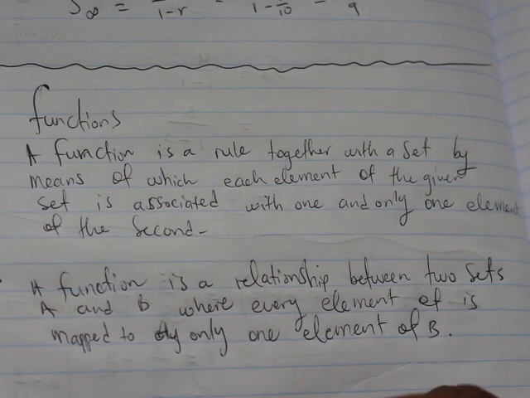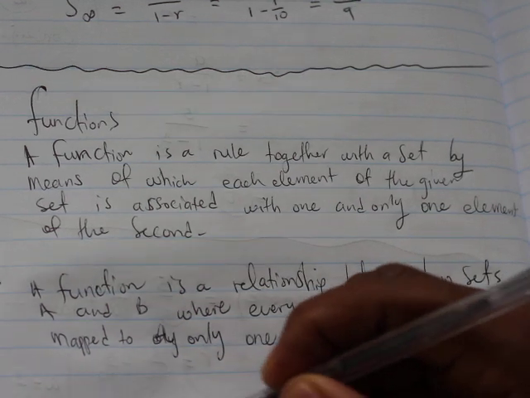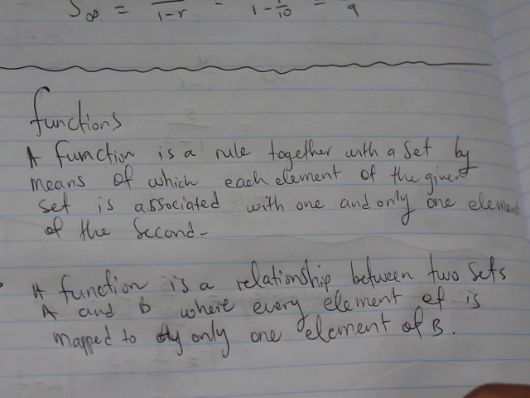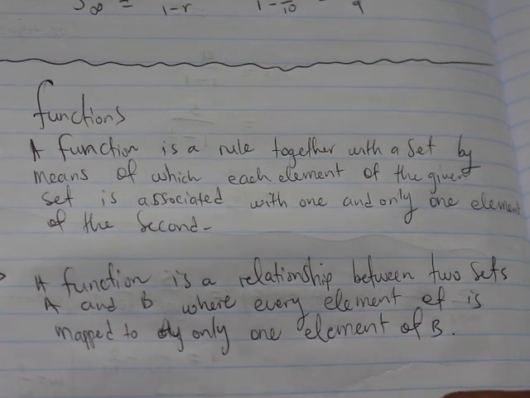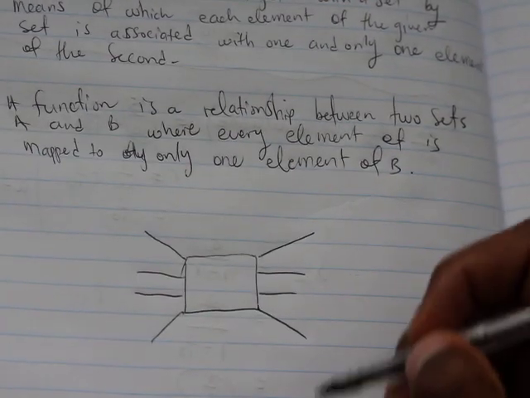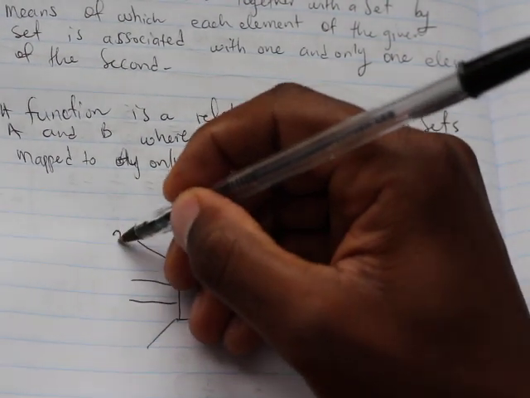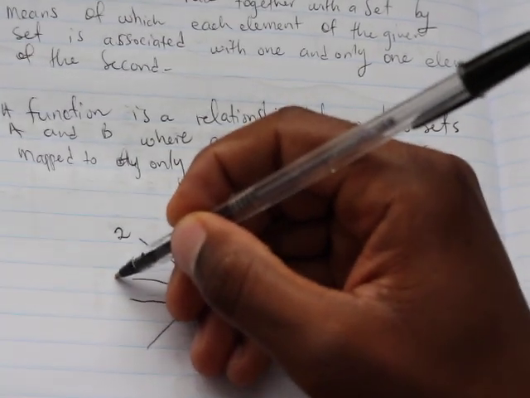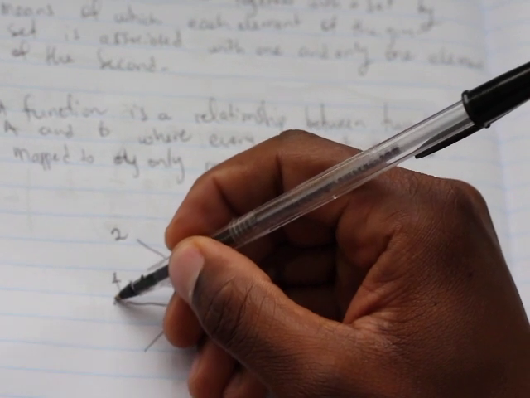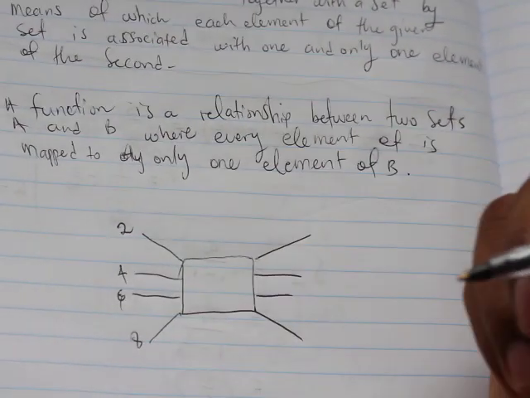And I'm pretty sure you guys remember these type of boxes that we had in grade 9, right? So you find that, okay, we've got maybe 2 here, we've got 4 there, we've got maybe 6, and then maybe 8 over there.